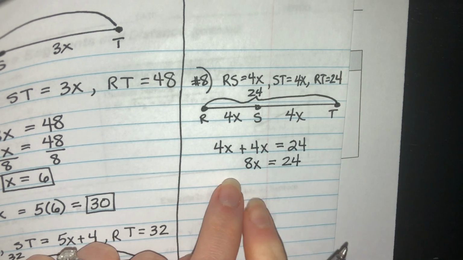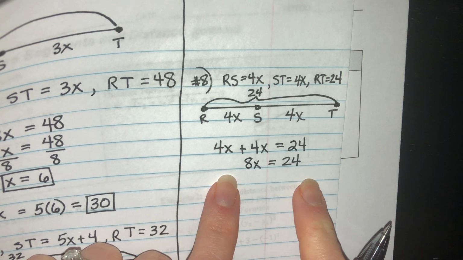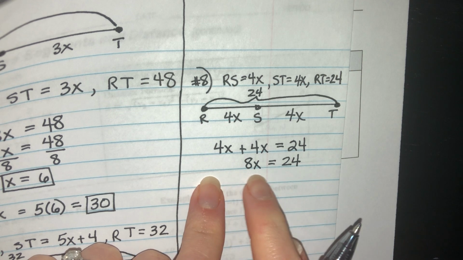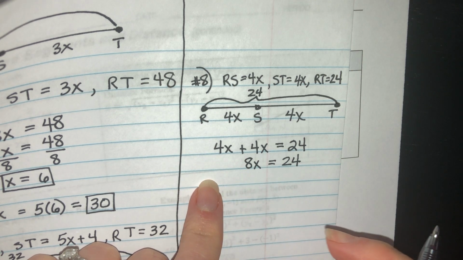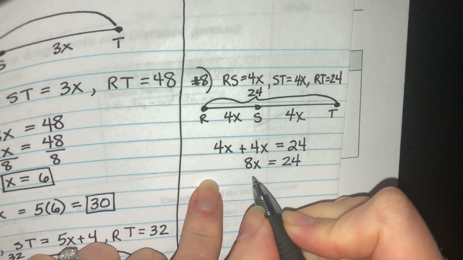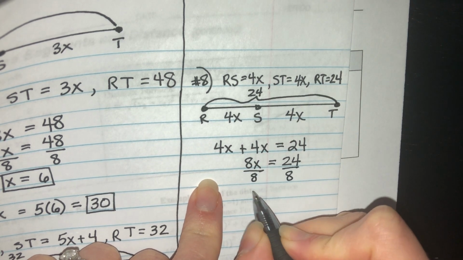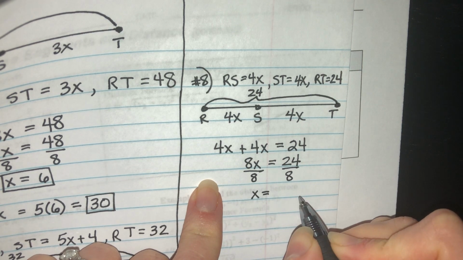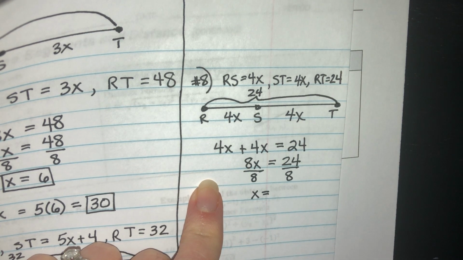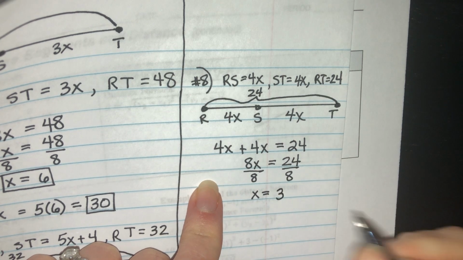And now I have 8 times x equals 24. I have to undo the multiplication to get x by itself. The opposite of multiplying is dividing, so divide by 8, and x is equal to, what is 24 divided by 8? How many times does 8 go into 24? 3 times.